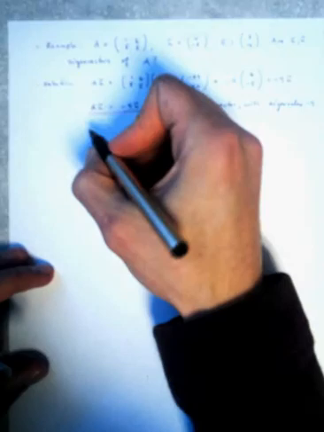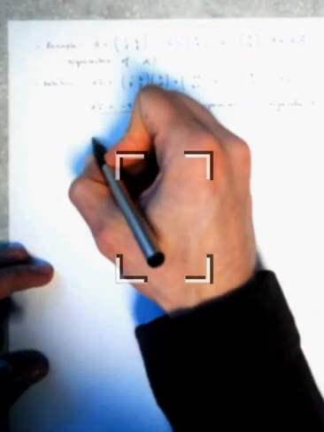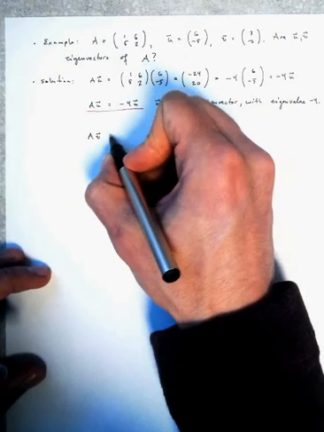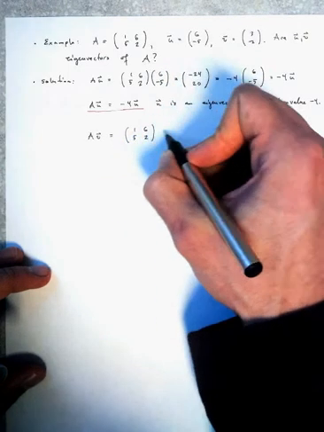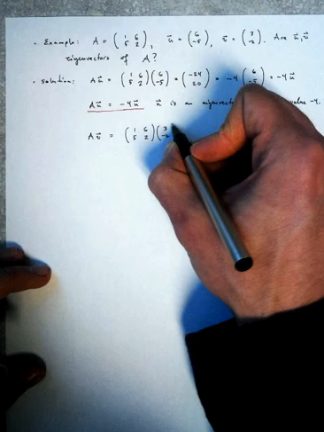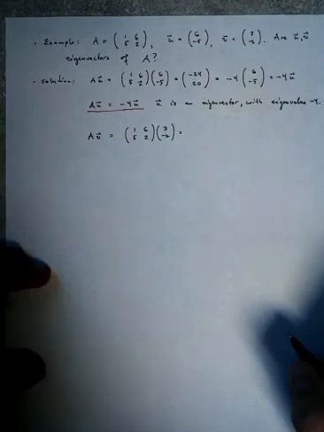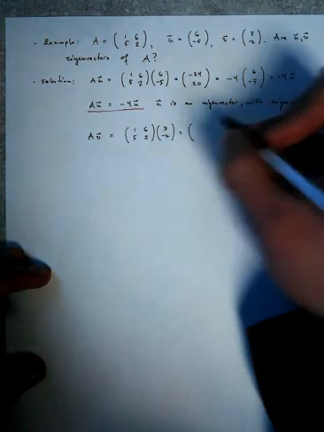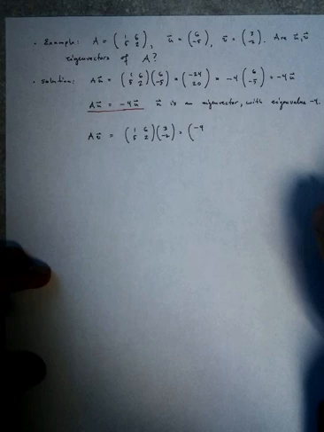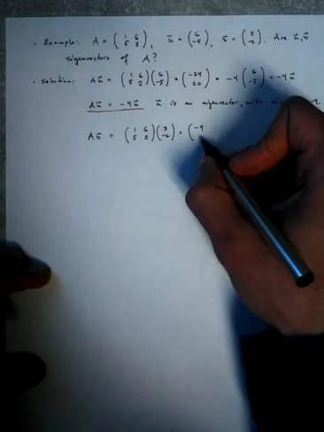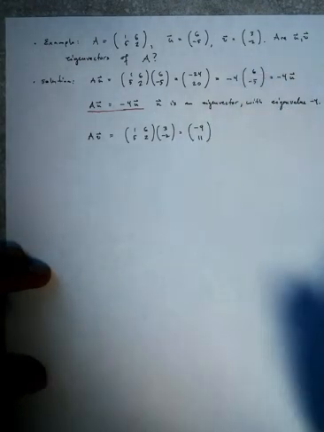Okay, let's do the next one. What is A times V? You just write it down. What do you get? Again, do the row column rule. What you get is negative 9 and 11.